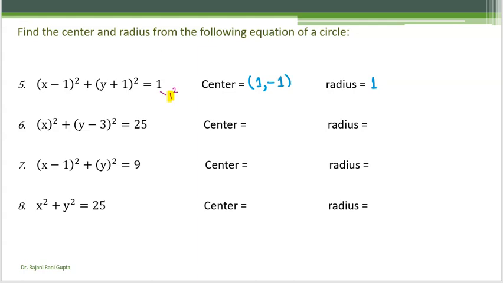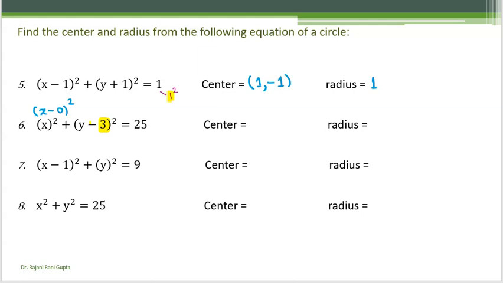Now the next question. If you look, it is x^2. There is no number with it. So it means it is (x - 0)^2. If there is no number, it means it's 0. With y you have minus 3.